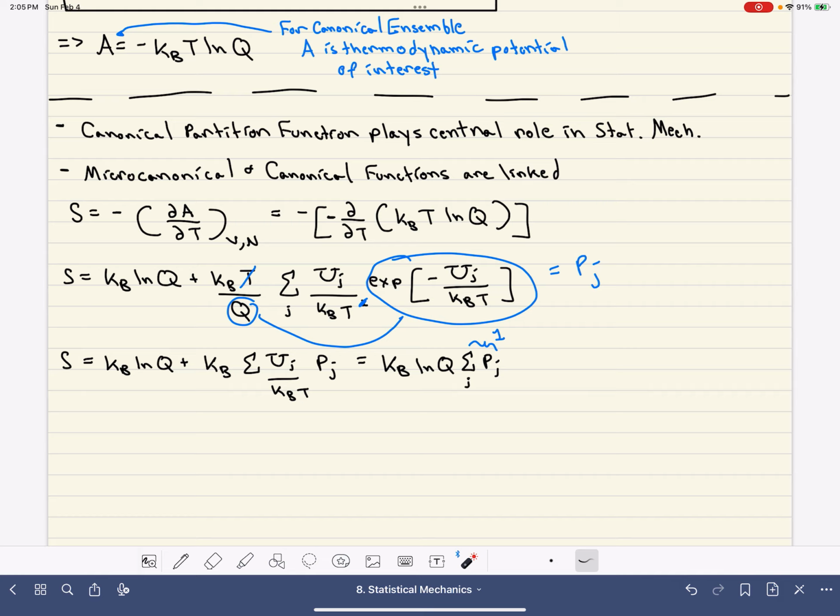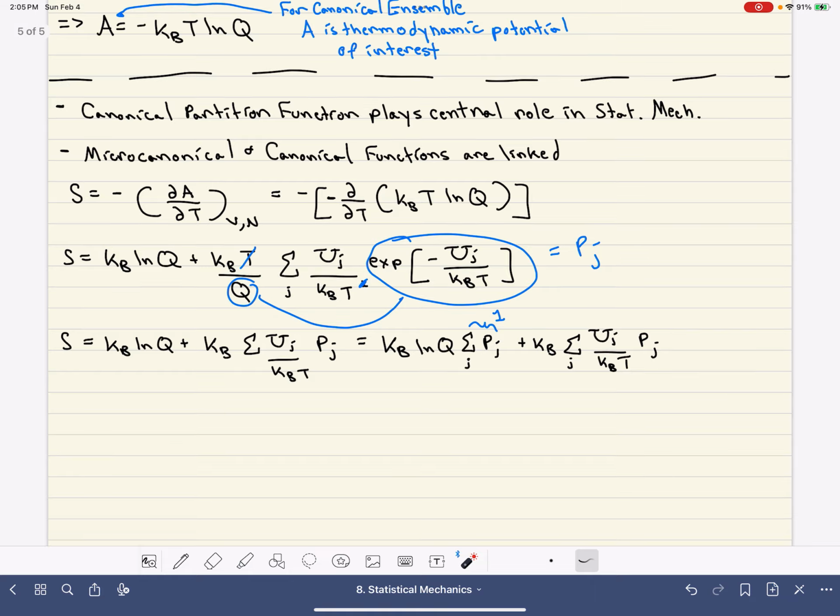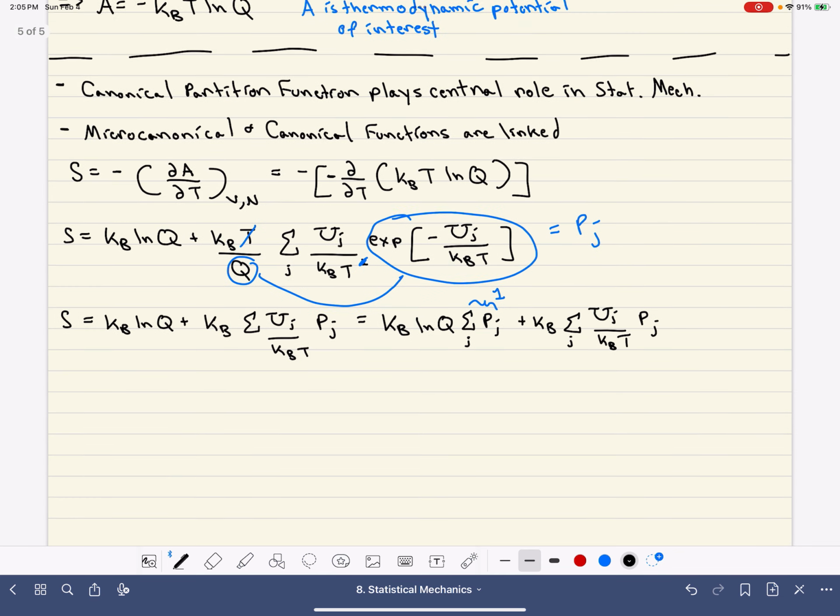So we're just adding summation of P of j there plus the KB summation of j U sub j over KBT P of j. Okay. I'm keeping these around because I'm going to combine them in this next step.